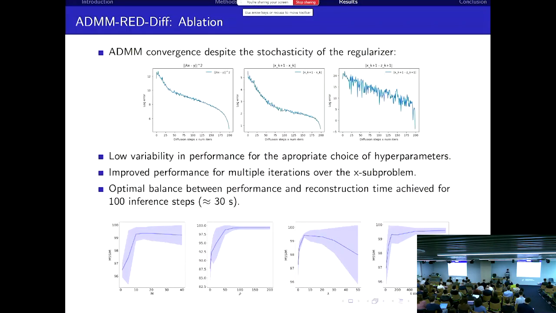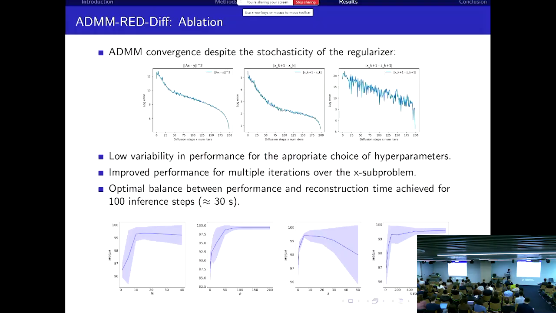So what we can observe is that we really have primal and dual feasibility, so we have convergence of our method despite having this stochastic regularizer. Then we also observe, when evaluating the hyperparameters of our problem, that there is low variability in performance for the appropriate choice of hyperparameters. So in theory, it should be applicable to a large range of patients, so it shouldn't be patient dependent when transferring this into the clinical system.